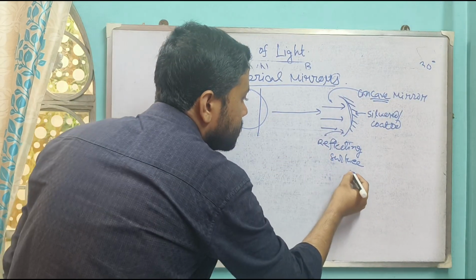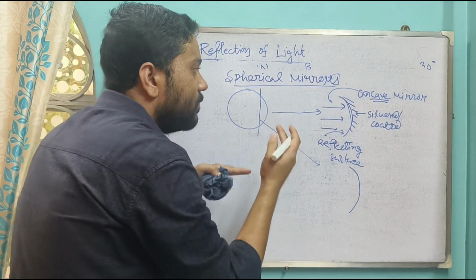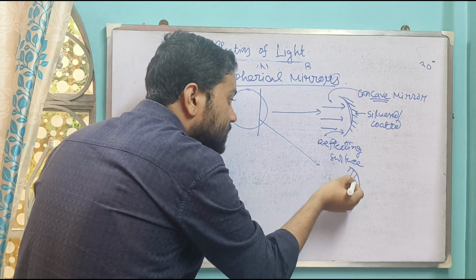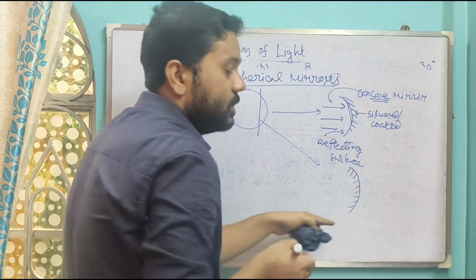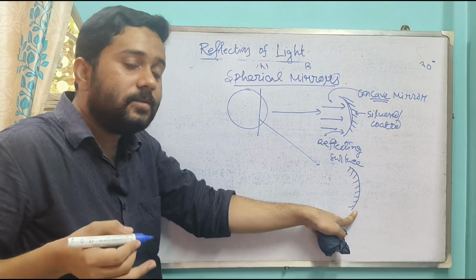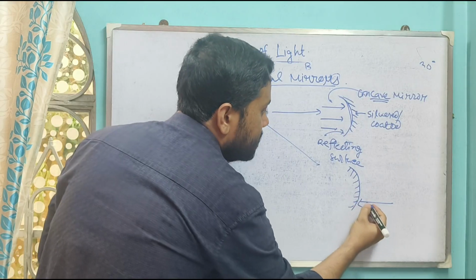Similarly here, if we use the same part, it is also a part of a sphere, but the difference is that we are giving the coating on the inward curved portion, and we are using the bulging portion, or curved outward portion, as the reflecting surface.